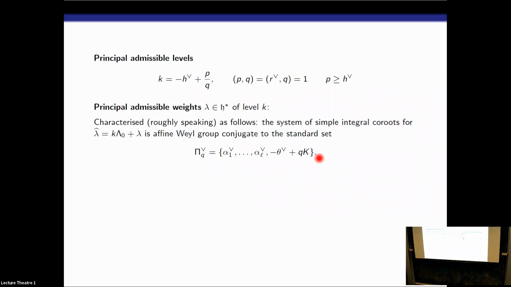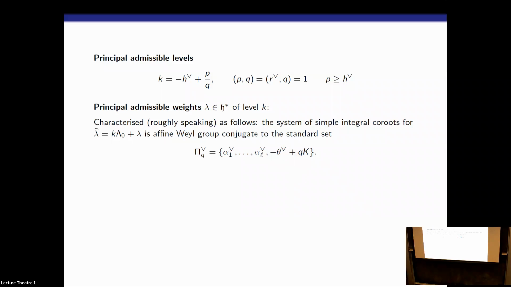And then you also get one extra simple co-root, the usual affine co-root, which is minus theta check plus K. What happens when you change the denominator from 1 to Q is that the first integral co-root you get is at Q times K.